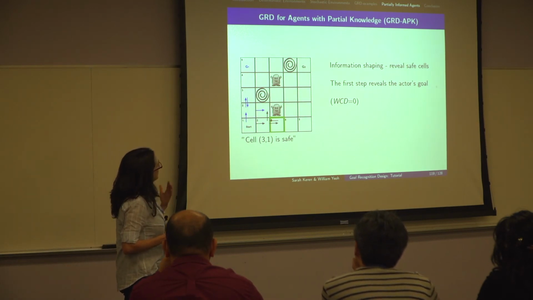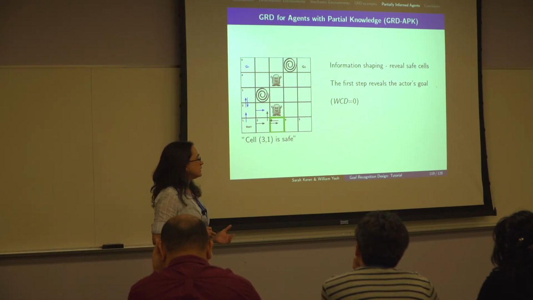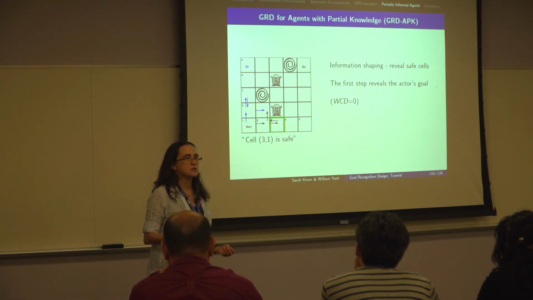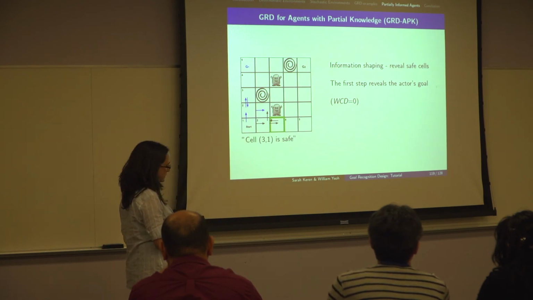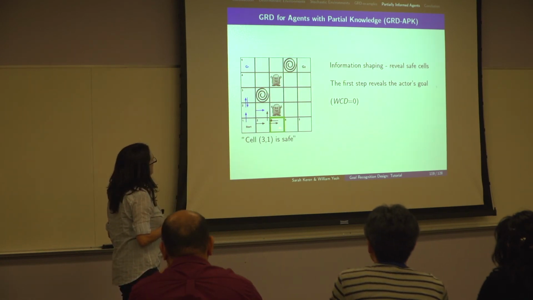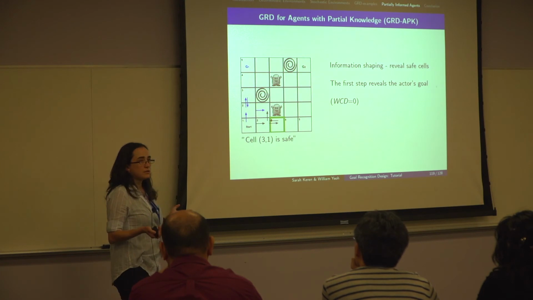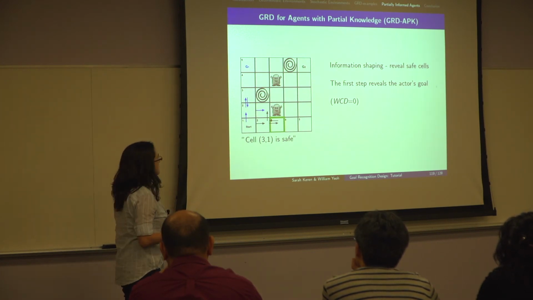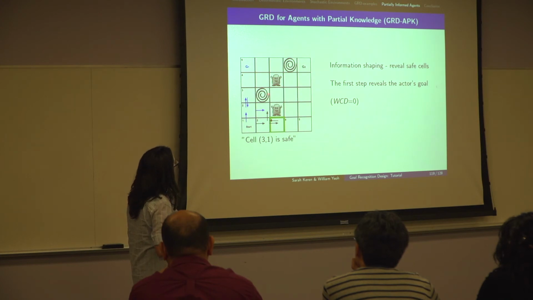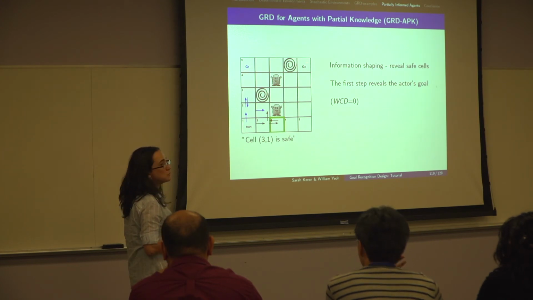Let's say that I decided to reveal that 3-1 is safe. Now I tell the agent, I have a way to communicate it with the agent directly, and I reveal that cell 3-1 is safe. That creates a distinction between the agent going to G1 and G2. Why?